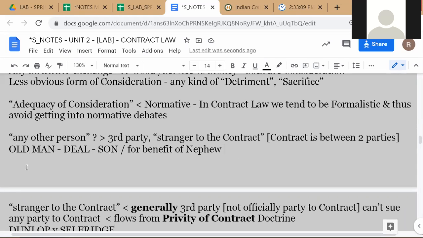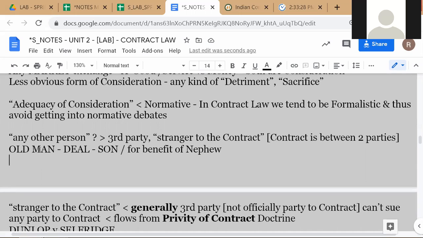So you could have a deal, for instance, this is an actual case that happened in the UK. I forget the name of this case, but I think it's something like Fenwick versus Fenwick, where both the names are the same.